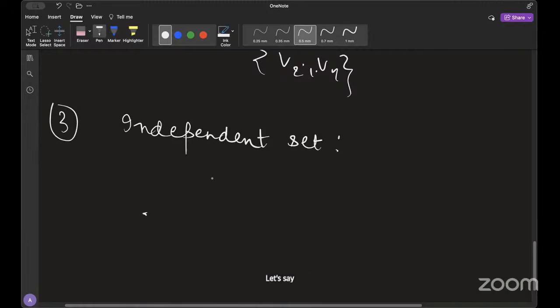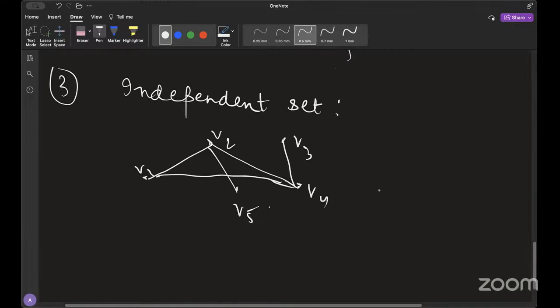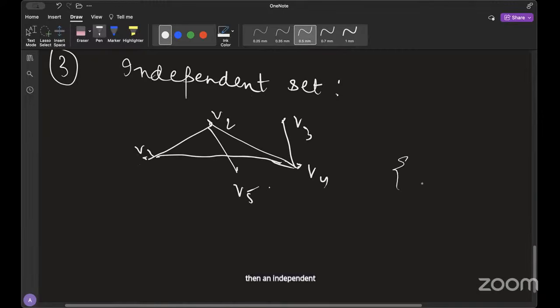Let's say you have this graph. Then an independent set is basically a collection of vertices again.